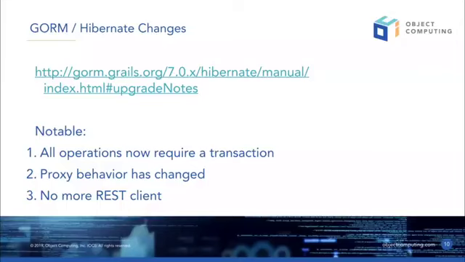There's a Grails datastore REST client that was a part of Gorm 6.1, and that's no longer shipped with Gorm 7. So we recommend folks switch away from that client and instead use our Micronaut HTTP client. But you can also go back and add the dependency to the Gorm 6.1 version, and that should work okay too.